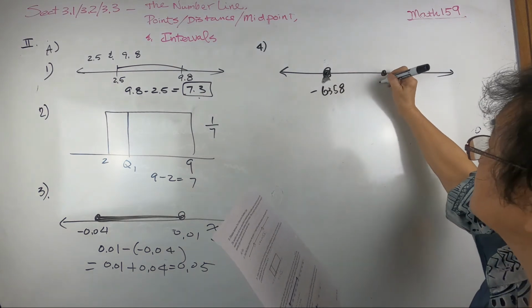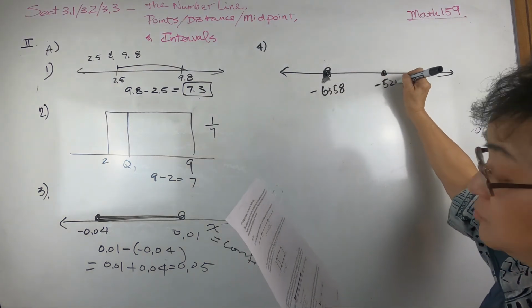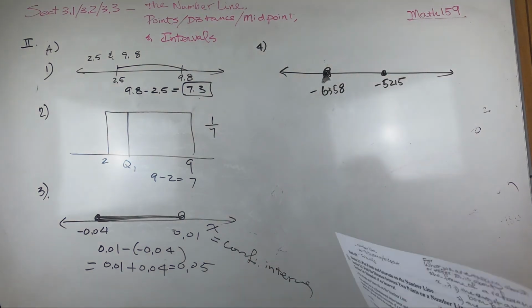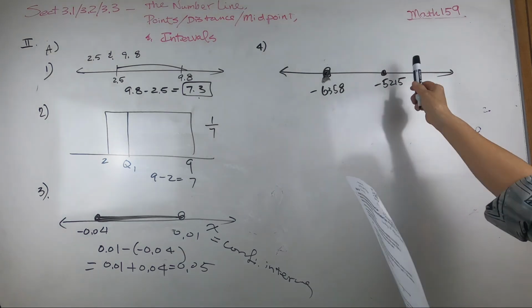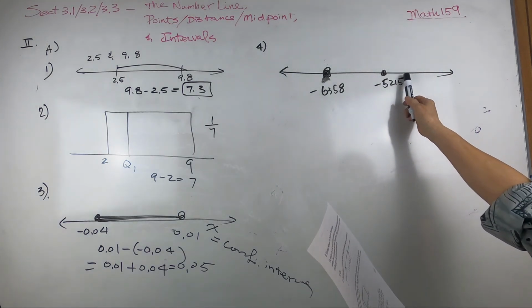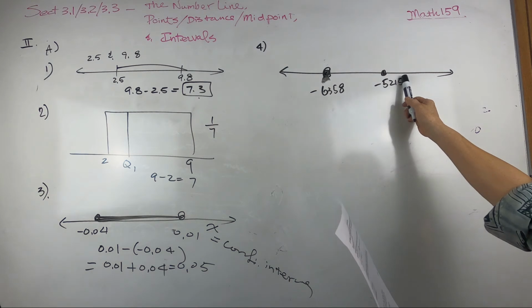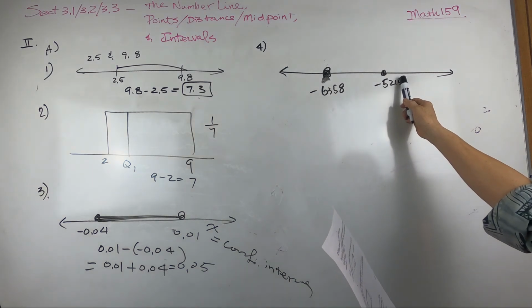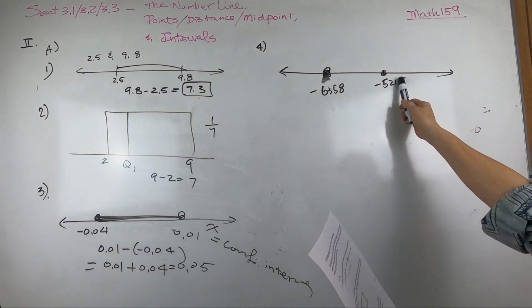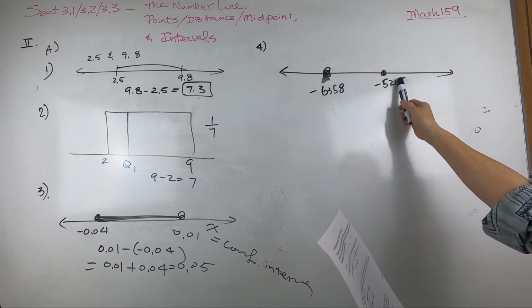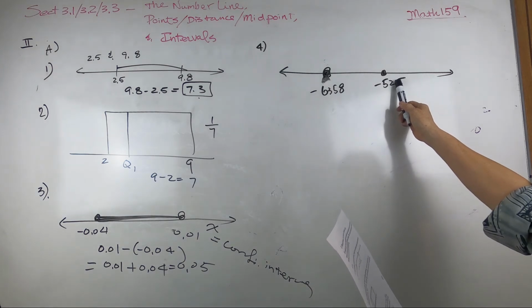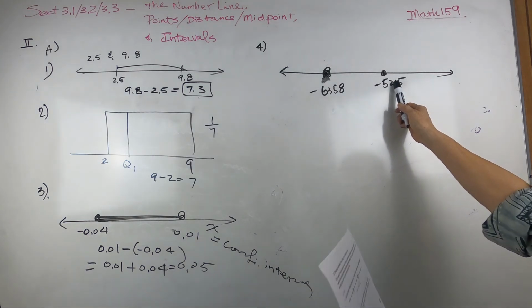So next one, if we give you a number line, here is negative 6358, here is negative 5215. It says the diagram here shows the confidence interval for the difference between the portion of the men who are planning on going into the healthcare profession and portion of the women. What is the width of the confidence interval?